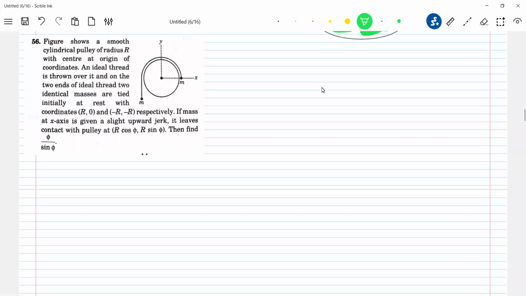The diagram shows a smooth cylindrical pulley of radius r with its center at the origin of coordinates, and an ideal thread is thrown over it. On the thread is this one. This red color is what? The thread. Or I'll draw one diagram here.